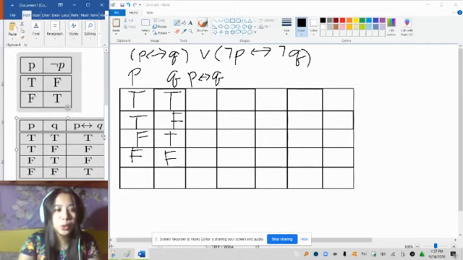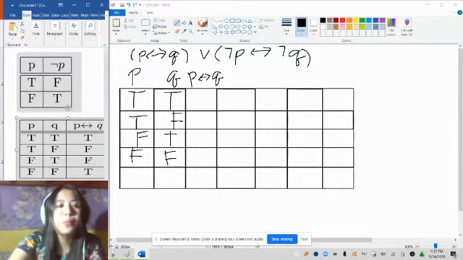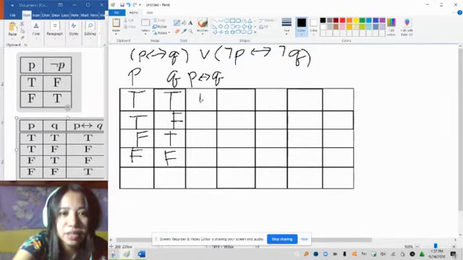So if both are true and if both are false, the answer is true. We just need to do that here. So if both true and both false, the answer is true, true, and then let us place false here and false again.